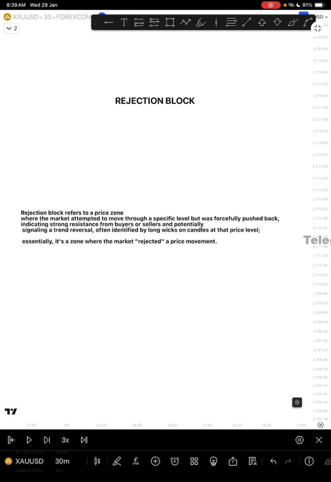Rejection block refers to a price zone where the market attempted to move through a specific level but was forcibly pushed back, indicating strong resistance from buyers or sellers and potentially signaling a trend reversal, often identified by long wicks on candles at price levels. Essentially, it's a zone where the market rejected a price movement.